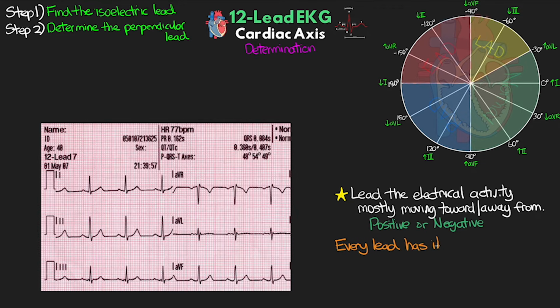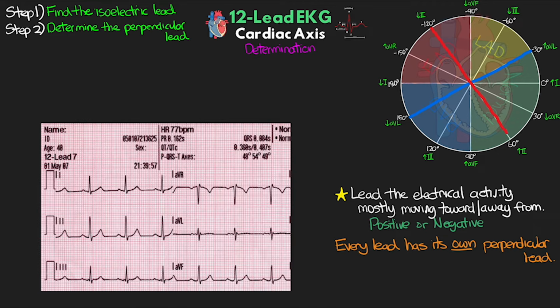Every lead has its own perpendicular lead, which conceptually, if we take a look at our hexaxial reference system, we can see that for each lead or line that's on here, there's another lead that intersects it perfectly perpendicular at 90 degrees. This is the perpendicular lead. So for our example here, if we look at AVL on our hexaxial reference system, let's highlight that in blue here. The perpendicular line to this is the one here in red, which is going to be lead 2.